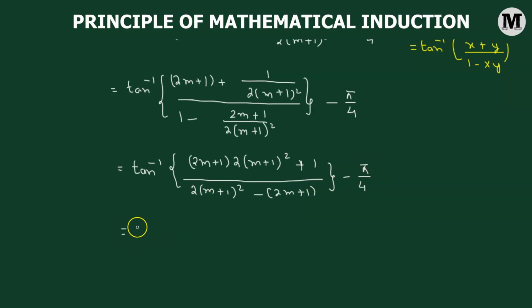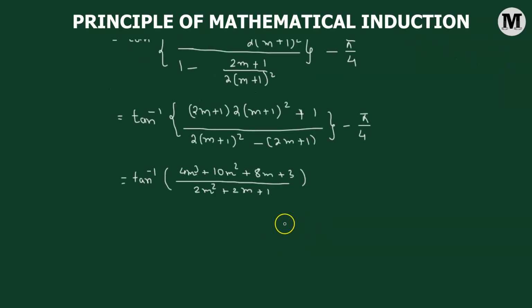Now when we simplify the numerator and the denominator separately, in the numerator portion we are going to get 4m cubed added to 10m squared added to 8m plus 3, whole divided by 2 times m squared plus 2 times m added to 1. Next we also have negative pi over 4.